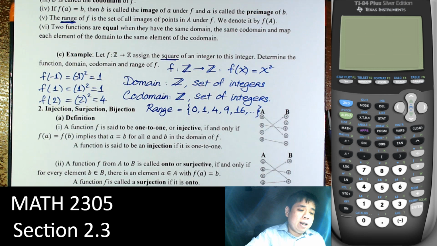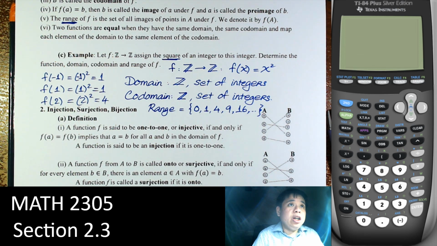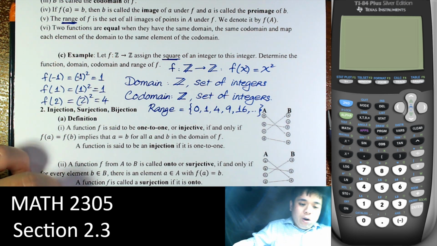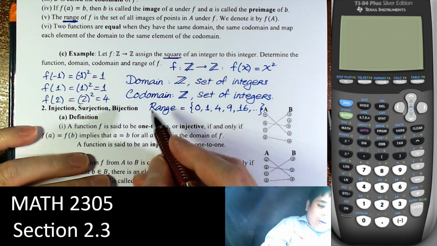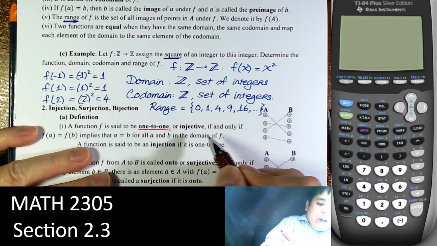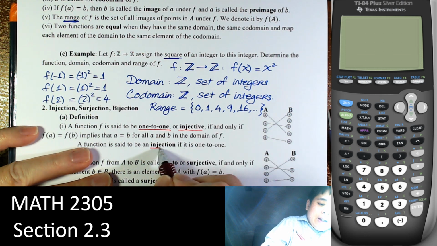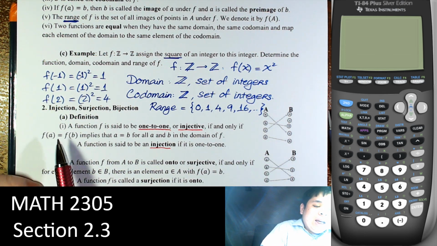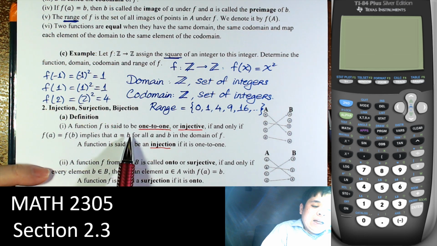Next, we define injection, surjection, and bijection. A one-to-one or injective function is called an injection if and only if f(a) = f(b) implies a = b for all a and b in the domain of f.